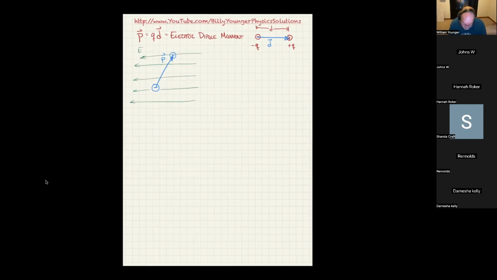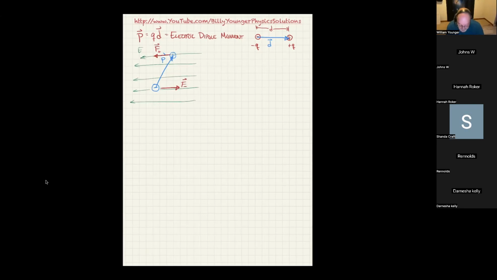And I think what you see is that this electric field acting on this charge is going to cause a force that I'll call F positive. And it's also going to cause a force this way that I'll call F negative. Everybody follow that?